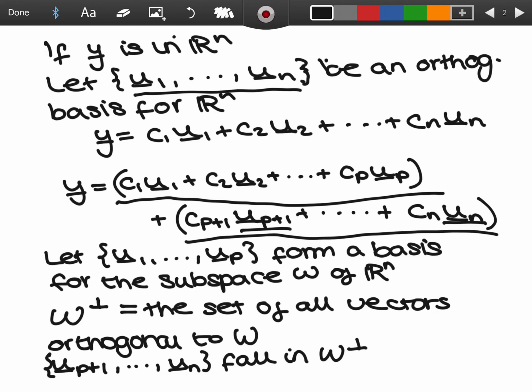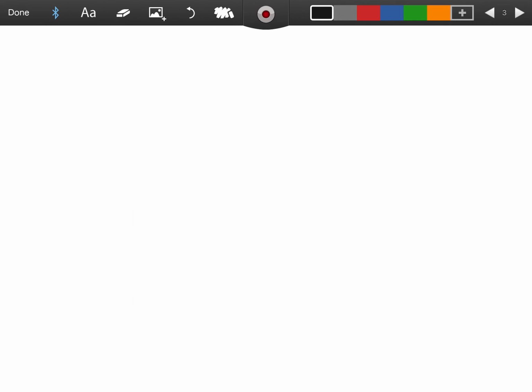Very much the same as what I did in the previous chapter in 6.2, where I split it into Y hat and Z, and Z was orthogonal to Y hat. So you can write Y is equal to Z1 plus Z2, where Z1 is just C1 U1 through to CP UP, and Z2 is CP plus 1 UP plus 1 through to CN UN.